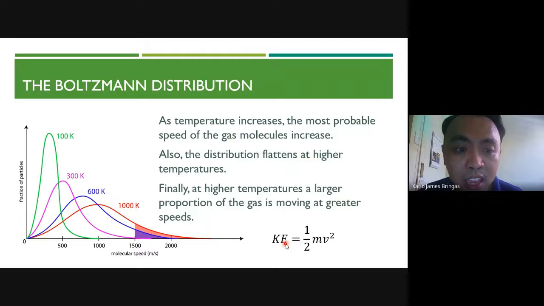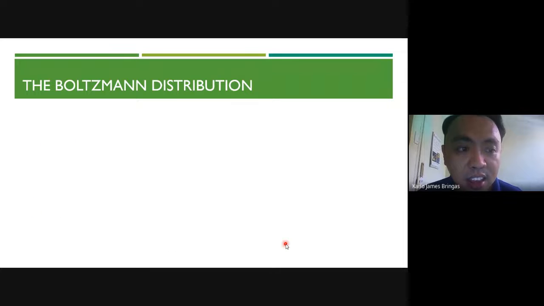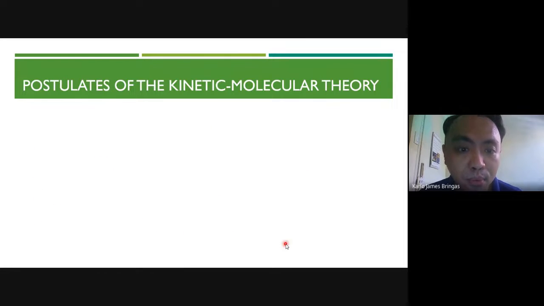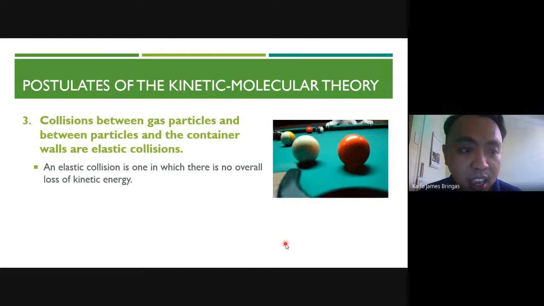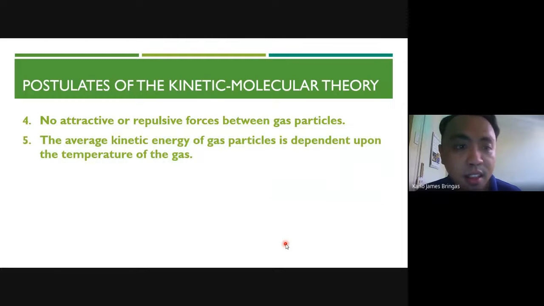So that is the actual idea under KMT postulate number 5. That explains the idea in postulate number 5: the average kinetic energy of gas particles is dependent upon the temperature of the gas.